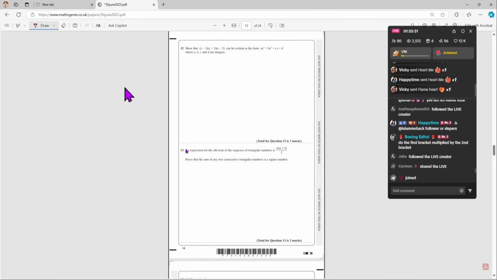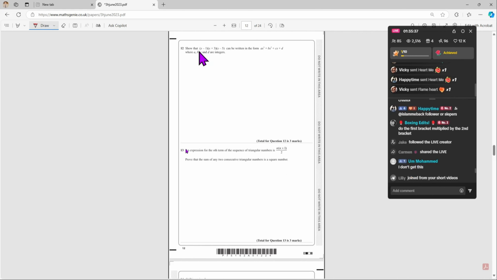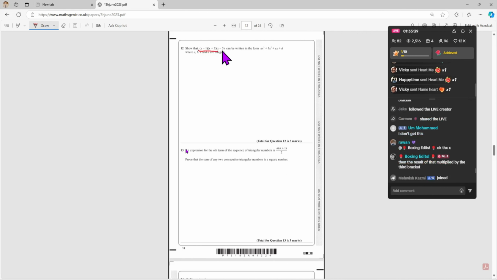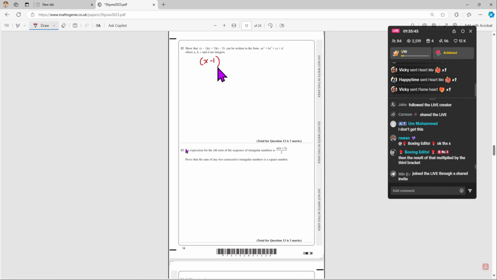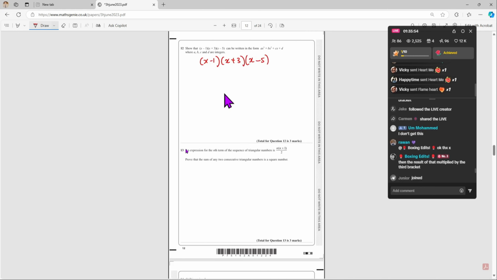Actually, I have a method to do this. What I would do is multiply these 2 brackets first, and then simplify. So we have x minus 1, then x plus 3, then x minus 5. So expand these 2 brackets first, and when we simplify our results, we're going to multiply by this specific bracket.